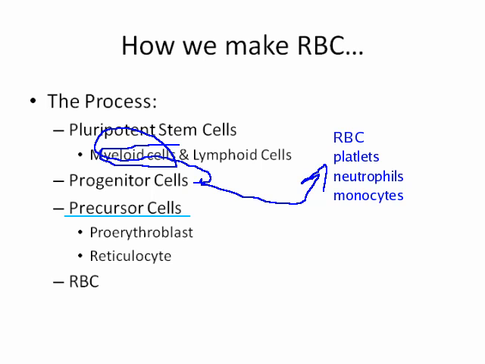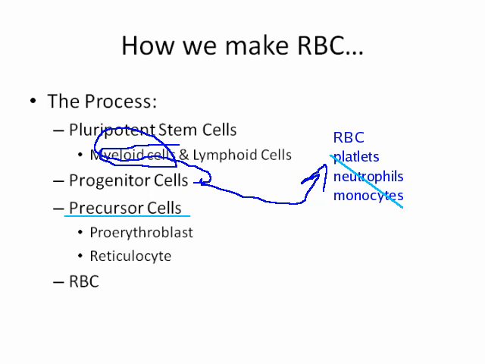Don't worry about platelets anymore. Don't worry about neutrophils anymore. Don't worry about monocytes anymore. Once the progenitor cells have differentiated into the precursor cells, they've locked their destiny into becoming red blood cells. They have no choice. Precursors will undoubtedly become red blood cells.